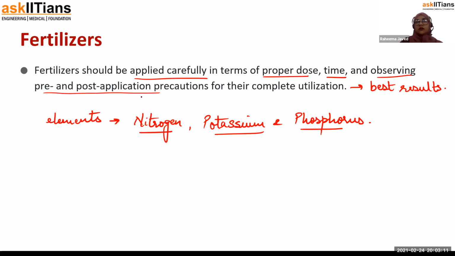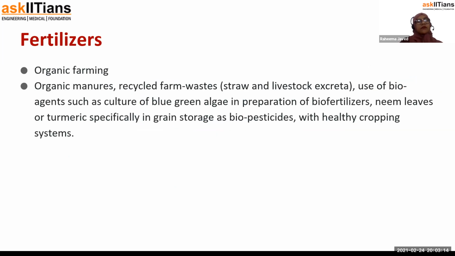And next thing includes organic farming. So in organic farming, there is no usage of chemical fertilizers or pesticides to increase the crop production. So here we are using organic manures, recycled farm waste like straw and livestock excreta. Bioagents are used, like culture of blue green algae in the preparation of biofertilizers. The fertilizers which are produced by microorganisms are known as biofertilizers.